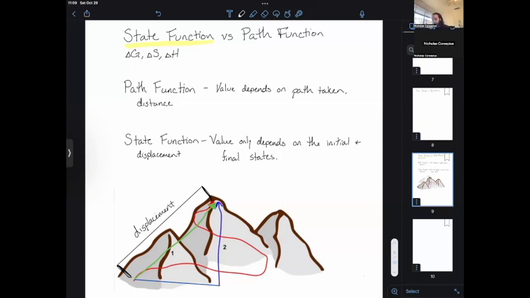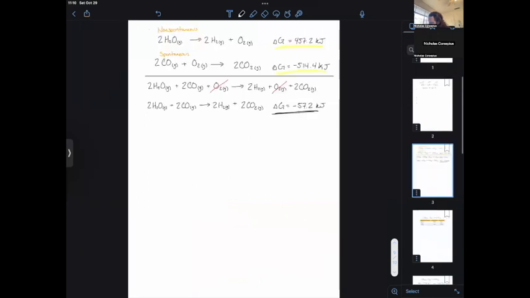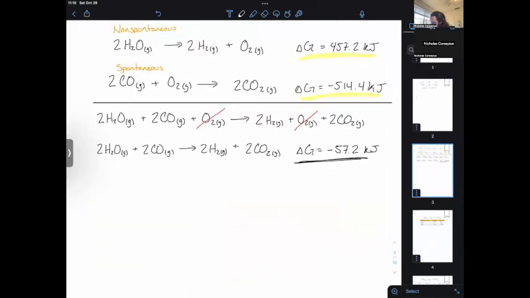We're going to extend this by analogy to our thermodynamic functions. The bottom line is that it doesn't matter if I did this particular reaction in one step, or if I did it by combining these two steps here, or if I did it in 1,000 different steps. The overall net difference in free energy will always be the same.